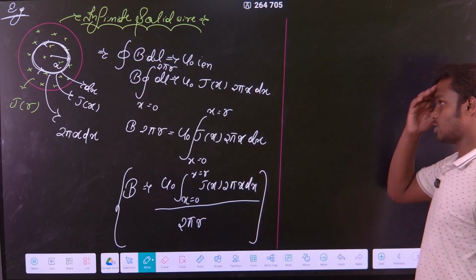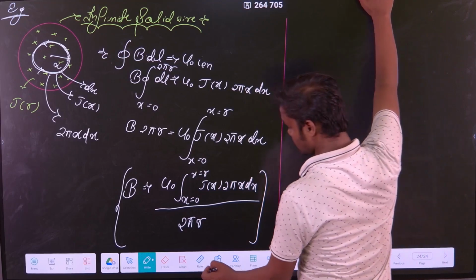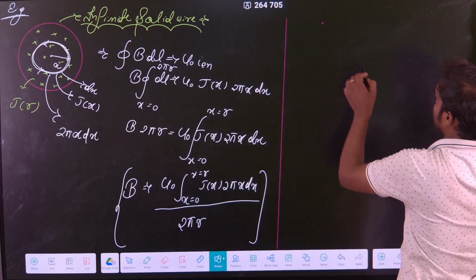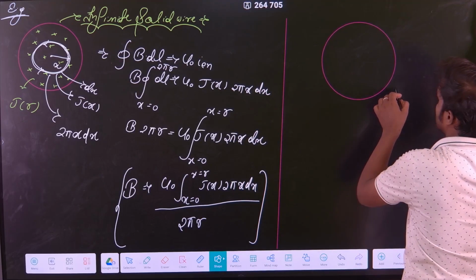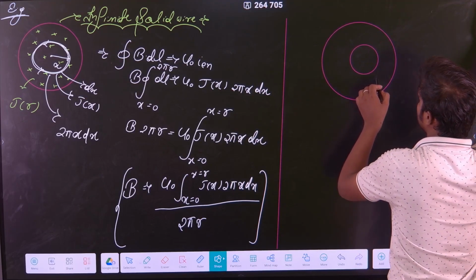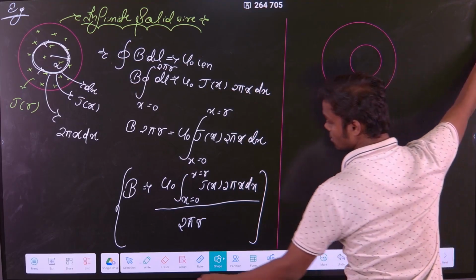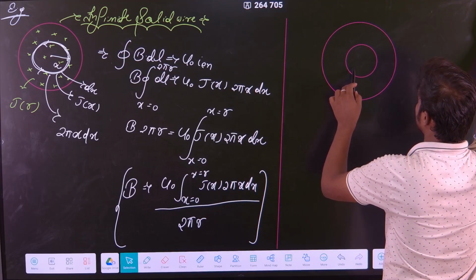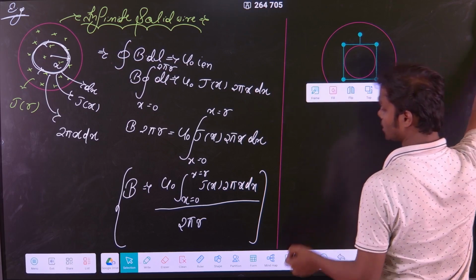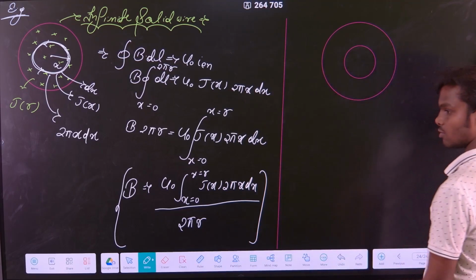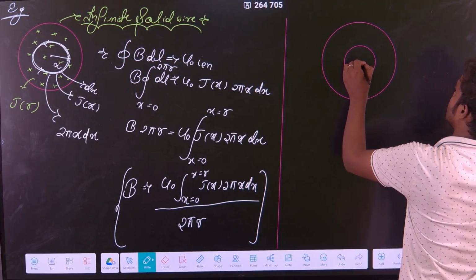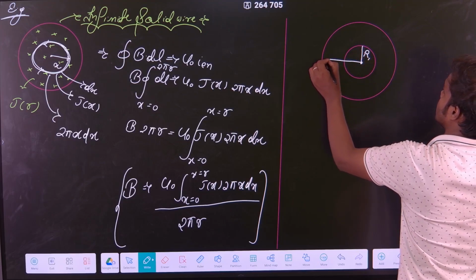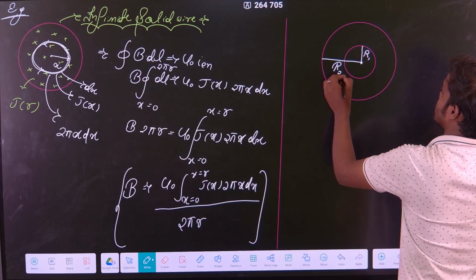The example is simple. Let us consider two circles. Suppose the inner circle has radius r1 and the outer circle has radius r2.